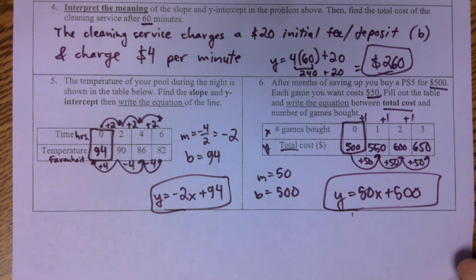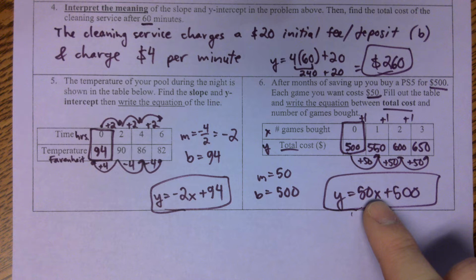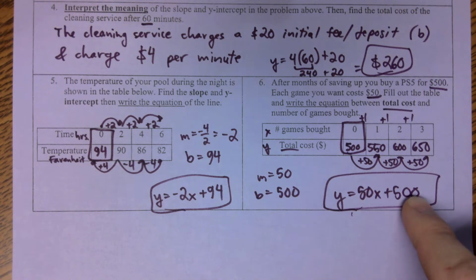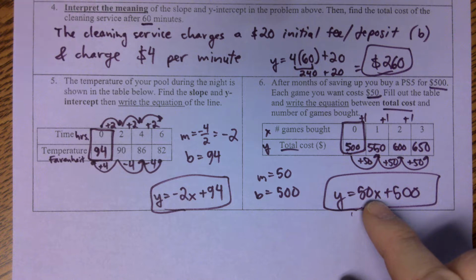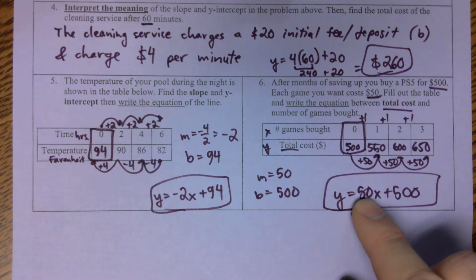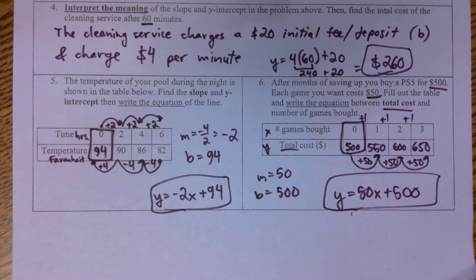So you could plug in any number of games here for X, solve and find the total cost. Like we could say 10 video games, right? That'll be 10 times 50 is 500 plus 500, and that's $1,000 total for the PS5 plus 10 games to go along with it.